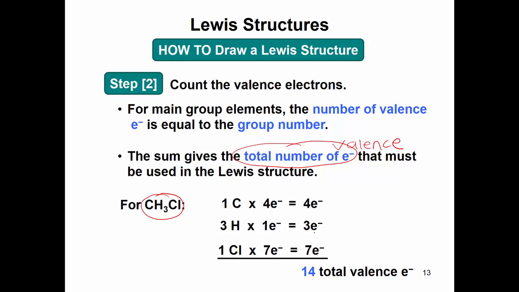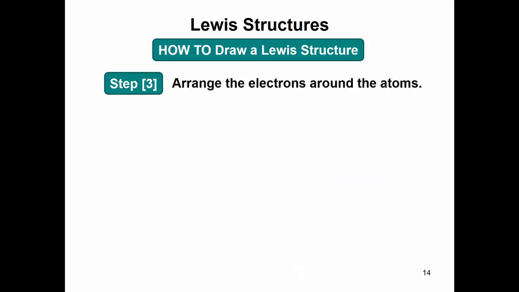We add up 4, 3, and 7, and we get 14 total valence electrons. You can do this first if you want to, it doesn't really matter which order, but you want to think about your bonding patterns and add up your total valence electrons, because your structure should match this number. So in the end, you should have 14 in this molecule.